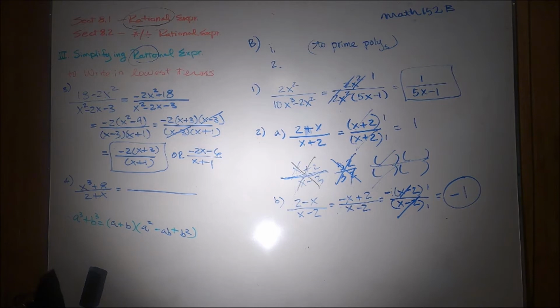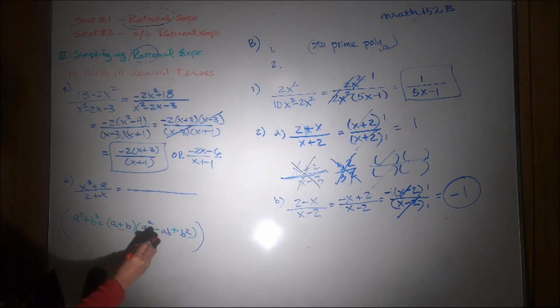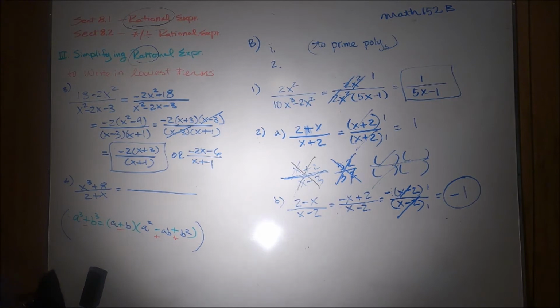So that's the formula for the sum of two cubes. If it's a minus, here will be minus, here will be plus, here still plus. Remember your formulas: the sum of two cubes, or the difference of two cubes.